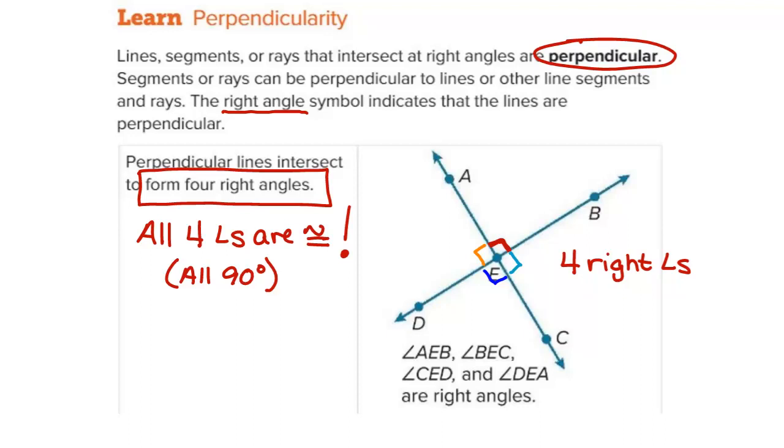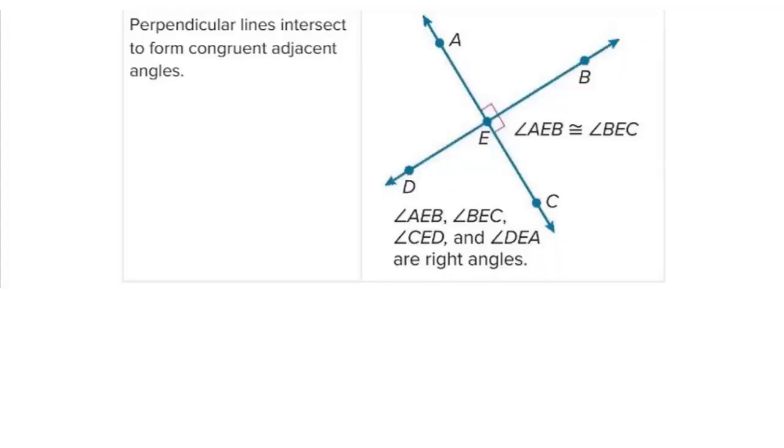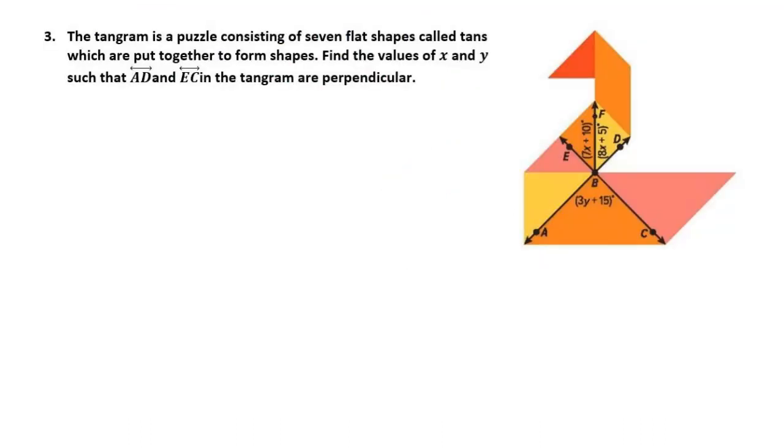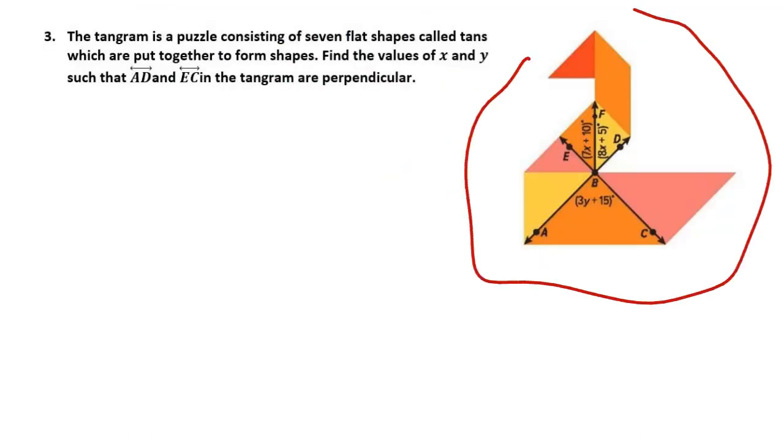And then at the top of the next page, we are going to practice with this. So once you're done with that on page 9, we're going to flip over to page 10. We're going to do a couple practice problems. Okay. So in the picture at the top of page 10, they've got this little, what's called a tangram.